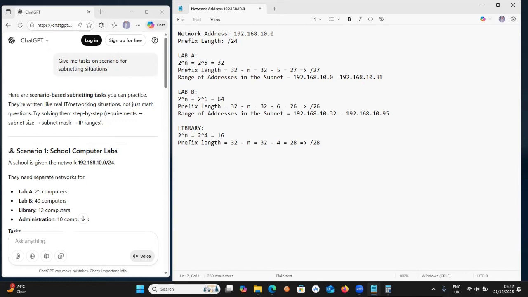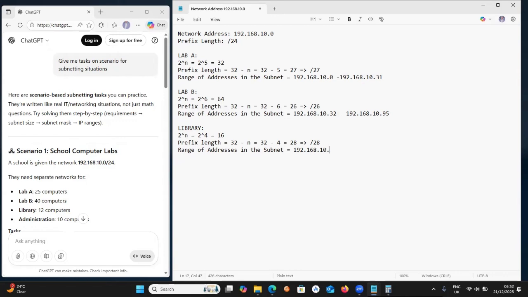Now the range of addresses in the subnet is 192.168.10.